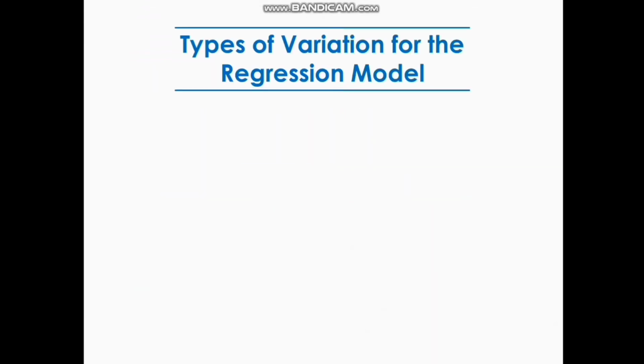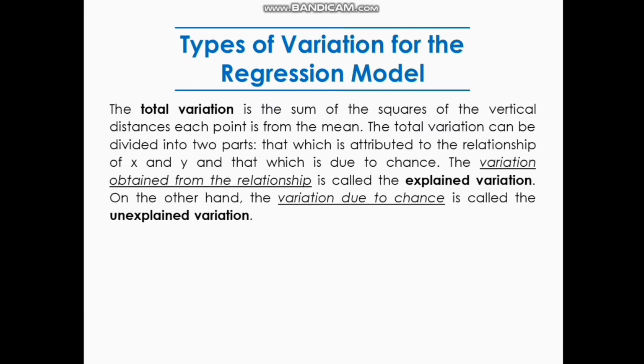Now, to begin, let us first introduce the types of variation for the regression model. The total variation is the sum of the squares of the vertical distances each point is from the mean. The total variation can be divided into two parts: that which is attributed to the relationship of x and y, and that which is due to chance.